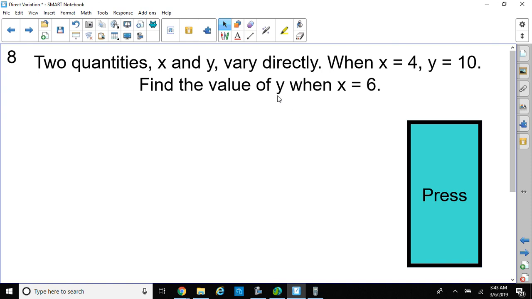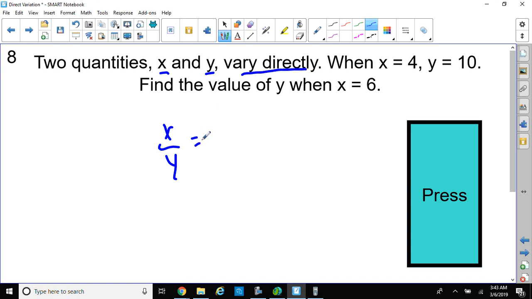All right, so let's get our fractions going. Let's use blue this time. So x over y, that's the order it came in, first numerator, denominator. They're going in the same direction, so they're going up in this case because x is 4, and then it goes over to 6.